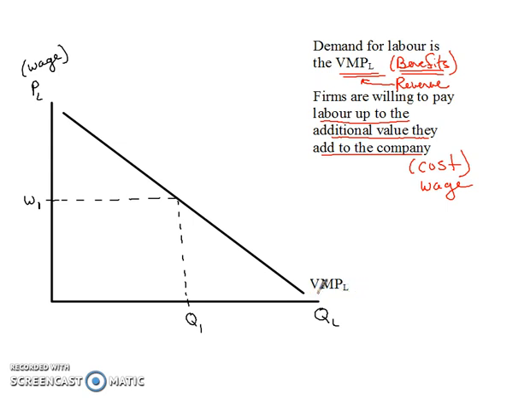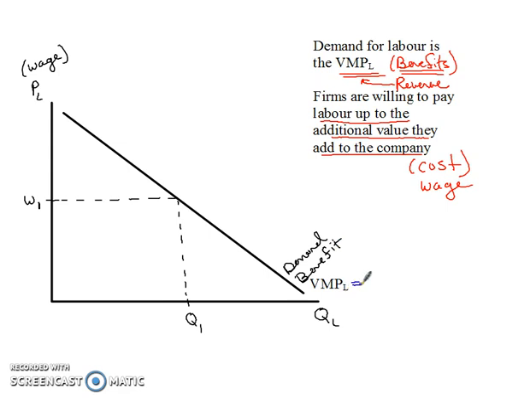Or said another way, the value of the marginal product of labor is the demand curve for labor. So this curve right here is the demand curve for labor. It's the benefit curve for labor, and it is the value of the marginal product of labor.